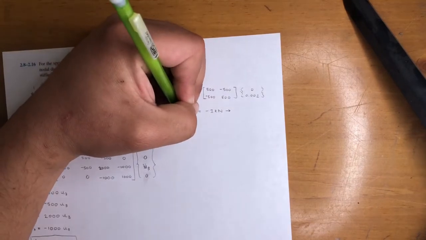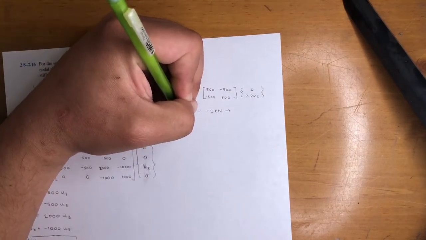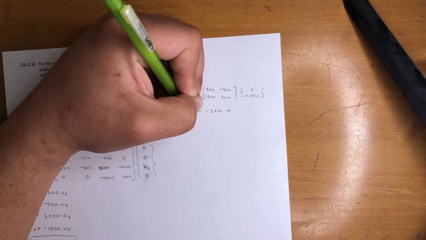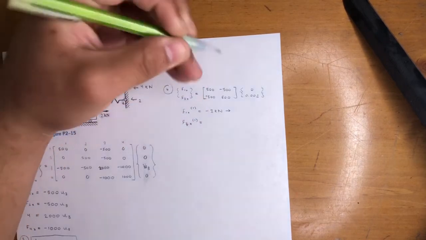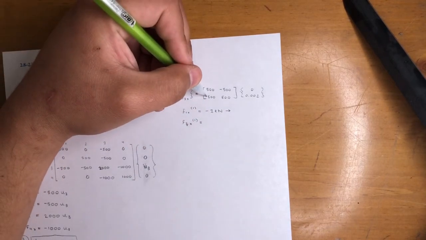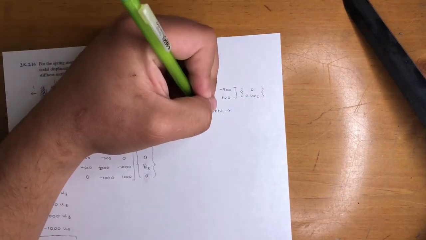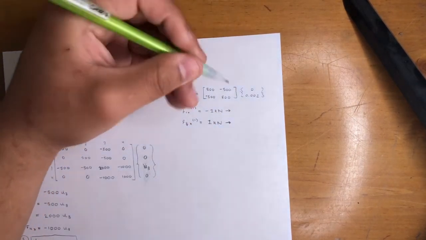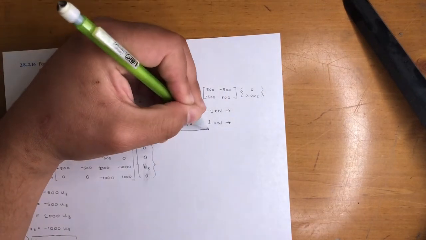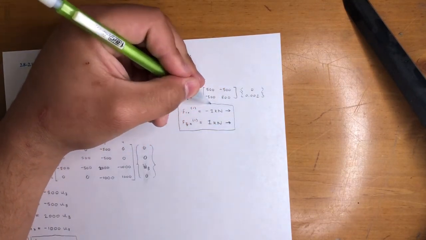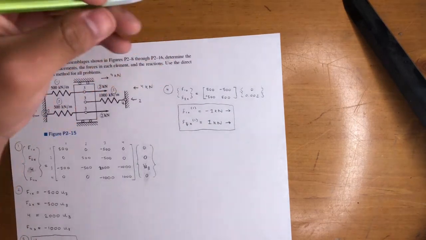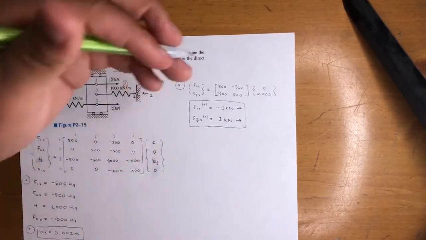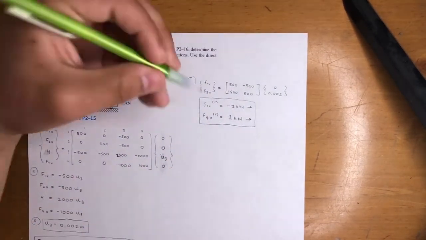So F3x, not F2x, of element 1, the signs just switched. Now it's negative 500 and 500, so the answer is going to be the same, except it's positive. And again, always to the right. These will always be to the right. Remember that, assuming you're following my method. All right, so we got the first one.